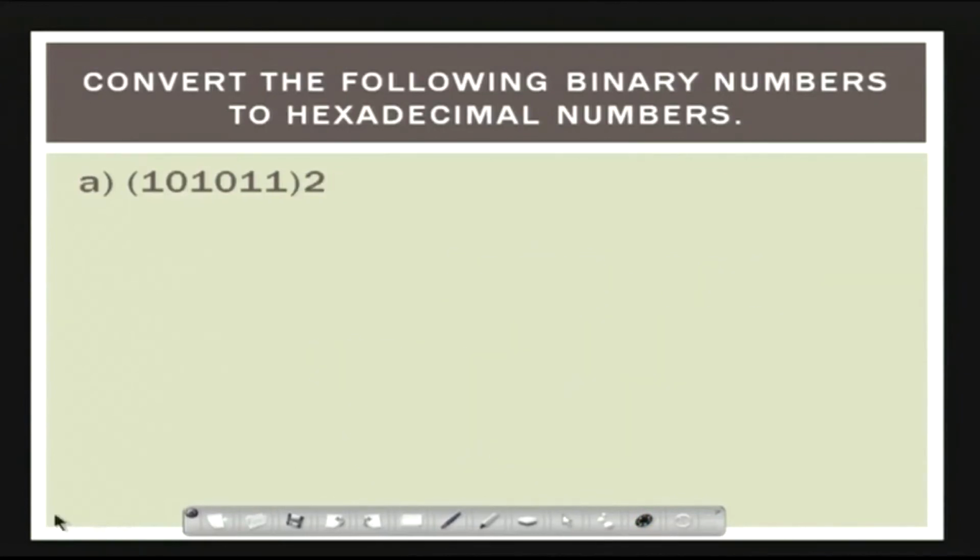Same way, if we take another number, a simple number like this, 101011, I will write this number. Now, again if you want to convert, what should we do?